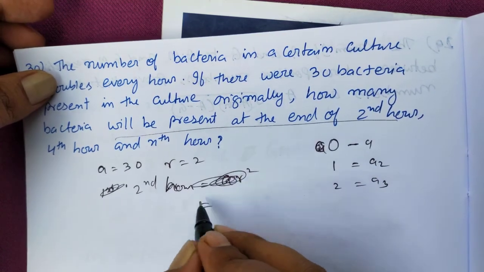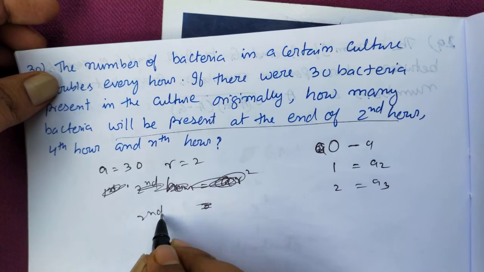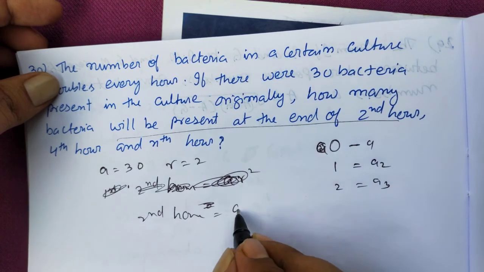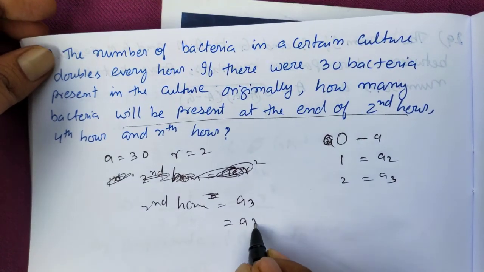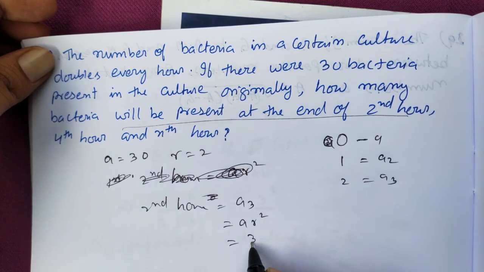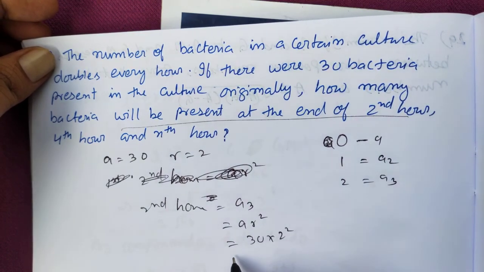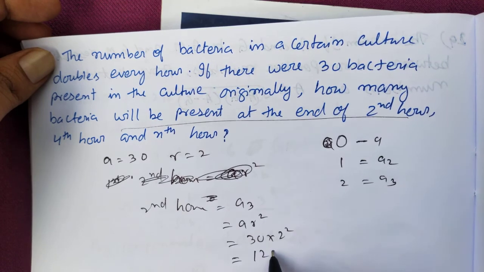So I'll just write second hour equal to AR square, put the value, A is 30 into 2 square, 4 into 30 is 120.